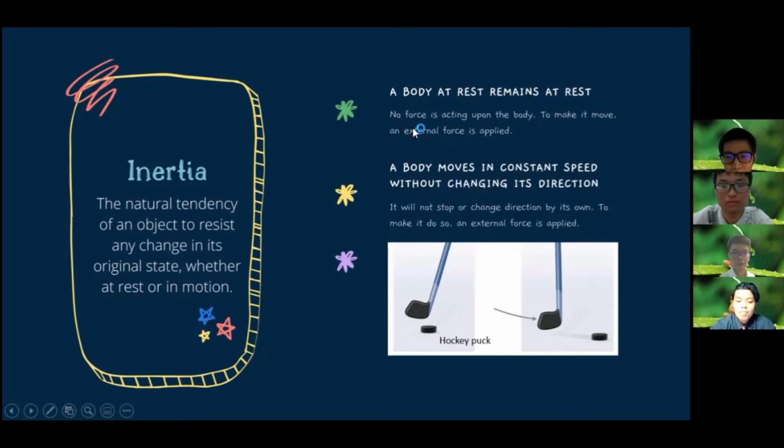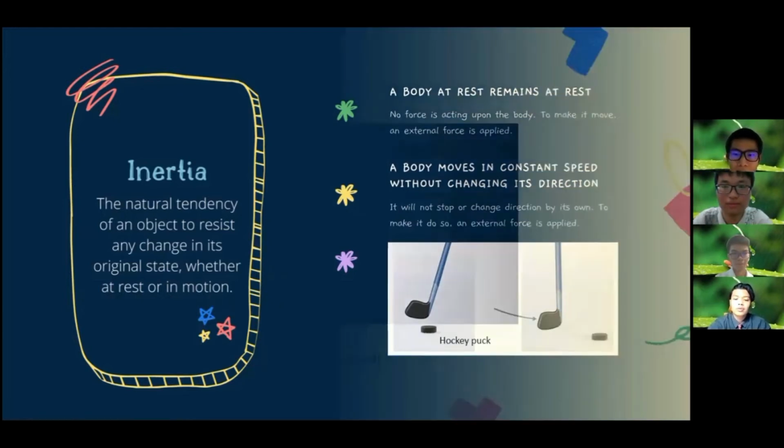Yes, you want this hockey puck to move, then you hit it with a stick. This is how you play hockey, right? So if you hit it, the hockey puck will move in a certain direction with a constant speed. Everybody's clear? Then we move on to the next slide.